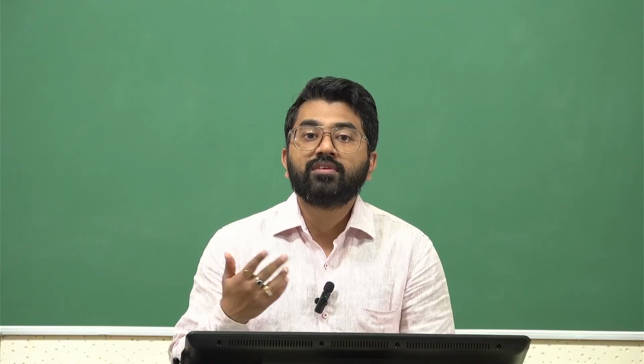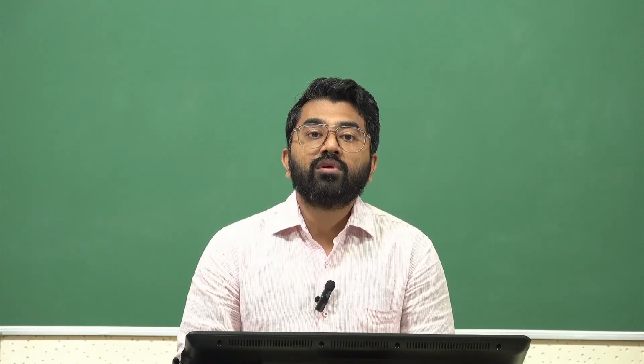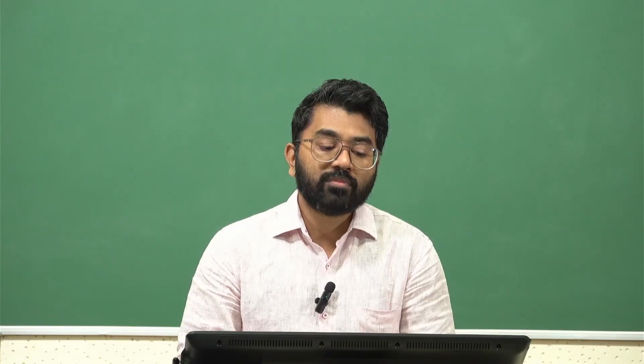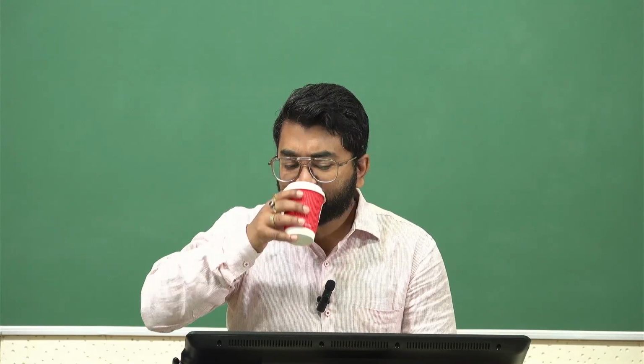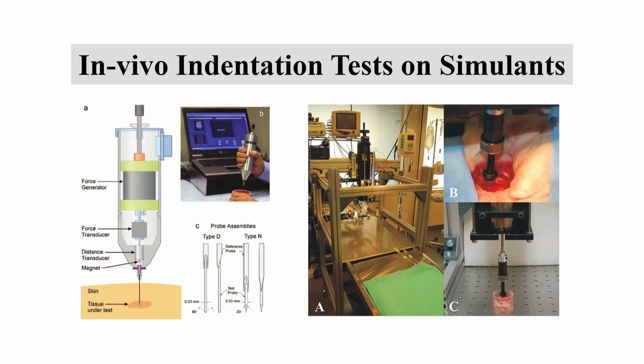That's quite often used for all sorts of surgical tests as well as mechanical tests, right? Simulants have been very popular recently because in vivo tests per se, within the human body, if you're trying to poke the brain, that's just not possible, right? It's totally unethical to have somebody sit and poke the brain. That can cause different kinds of injuries, right?